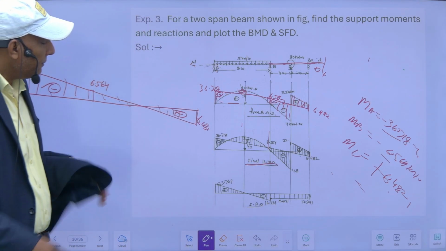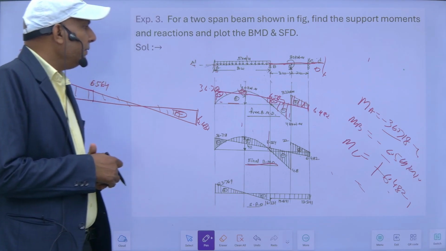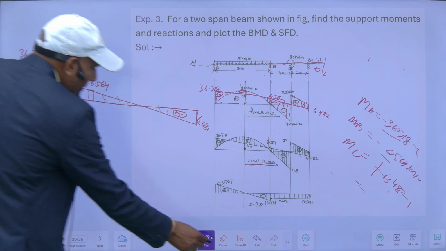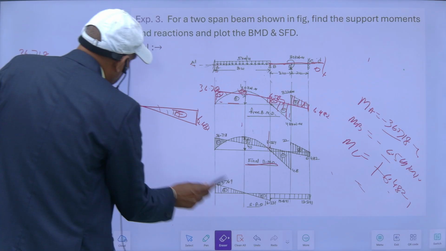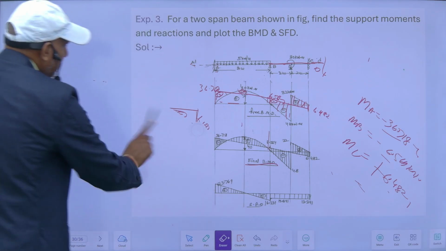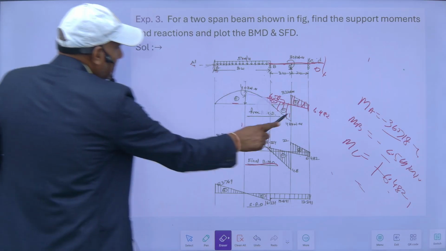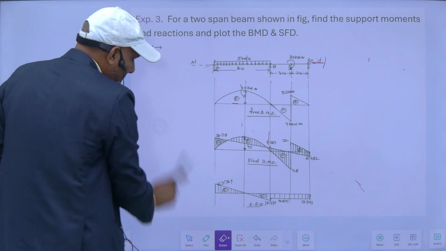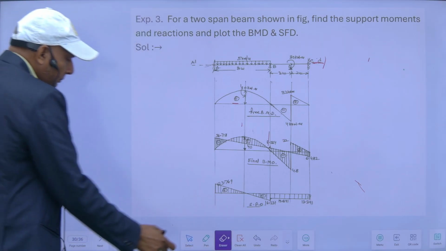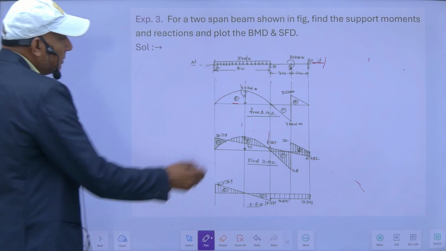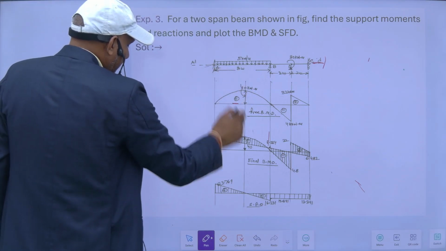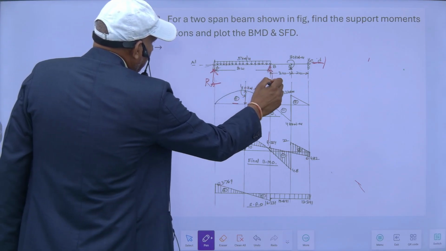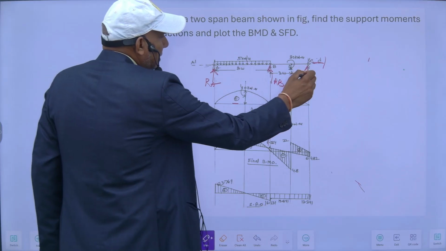For drawing the shear force diagram, I require reactions. Reactions I can easily find. So suppose this is RA, this is RB, and this one is RC.